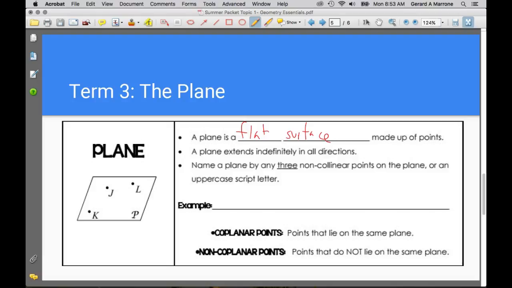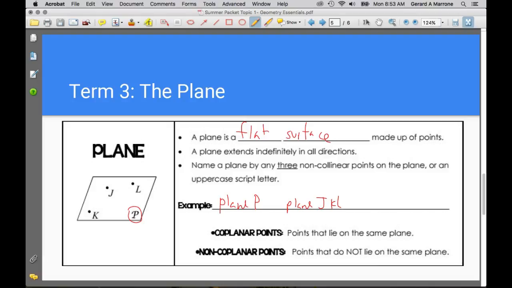So if we look in our figure, we've got 3 non-collinear points with J, K, and L, but we've also got this script P in the corner. That's going to be the other way to name it. And we just write the word plane. So we could call this plane P, or we can call it plane JKL. And the key is they have to be non-collinear points.